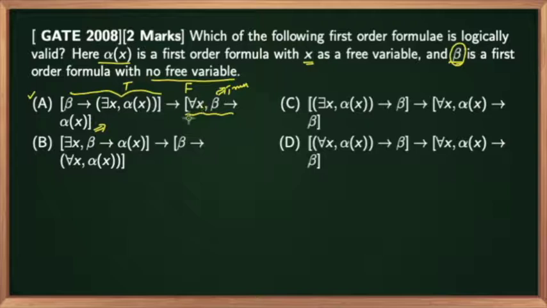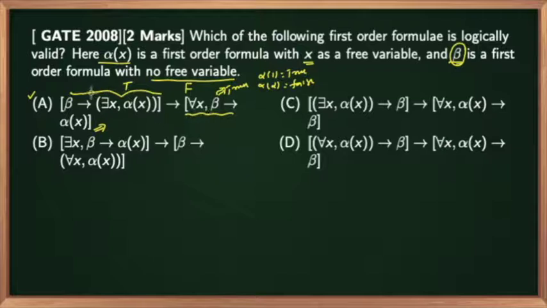So I can have a truth assignment something like alpha of 1 is true and alpha of 2 is equal to false. So if I have this truth assignment, then I can say that the right hand side is false.